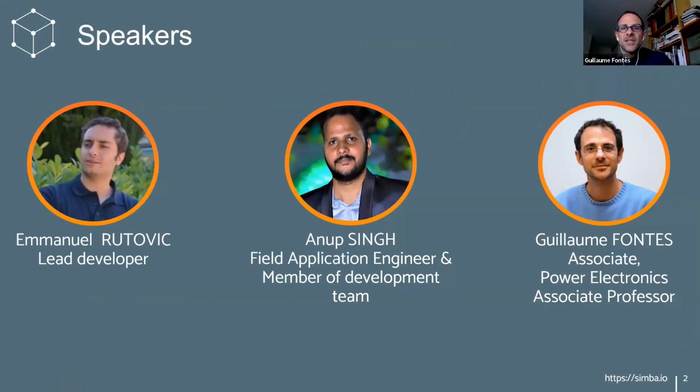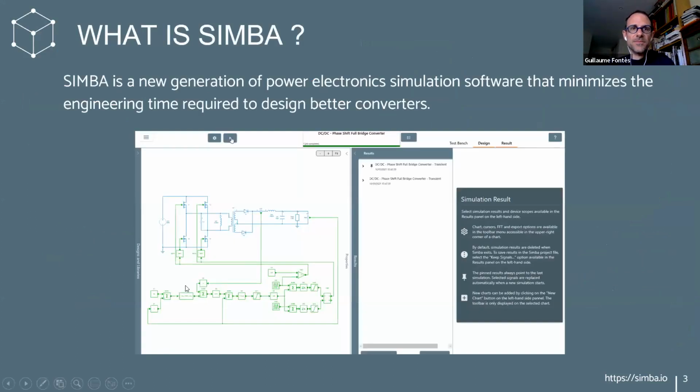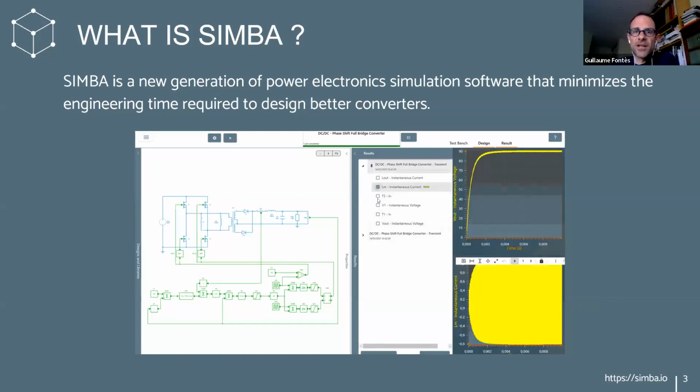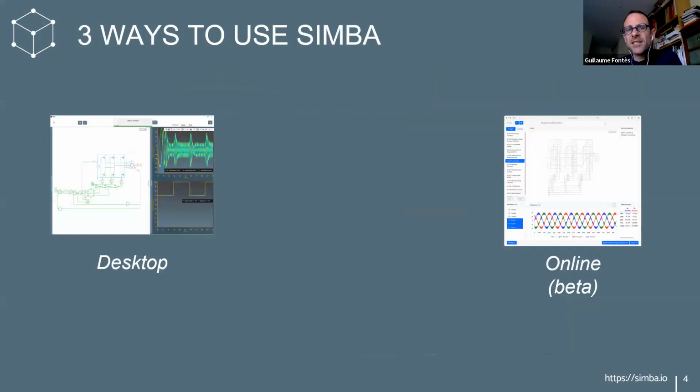First of all, let me remind you what SIMBA is. SIMBA is a new generation of power electronic simulation software that minimizes the engineering time required to design battery converters. Basically, there are different ways to use SIMBA. The first one, a classical one, is based on the graphical user interface. This is the desktop version.